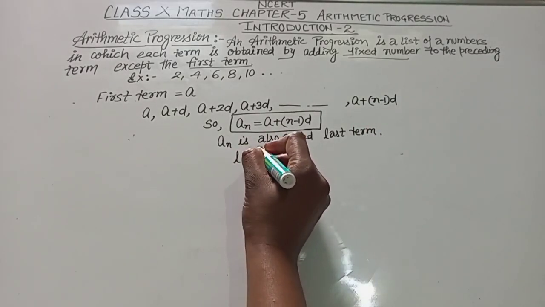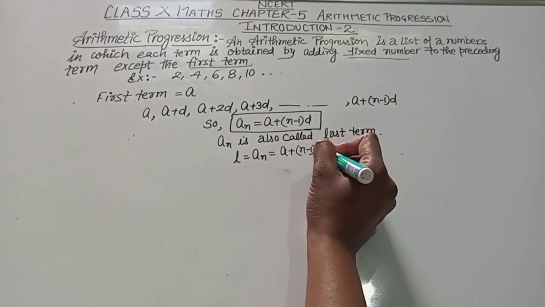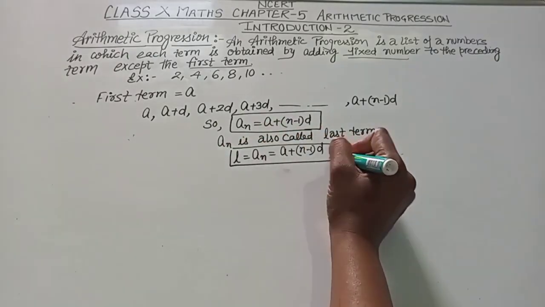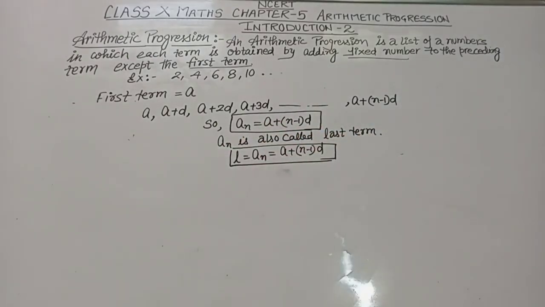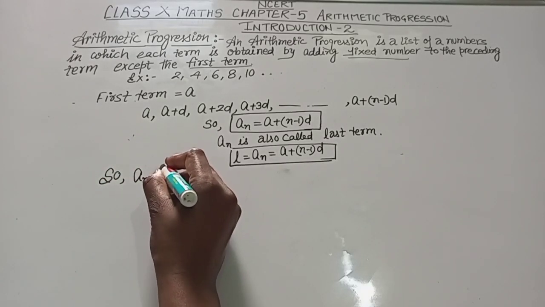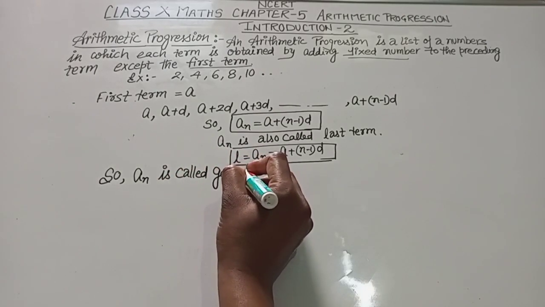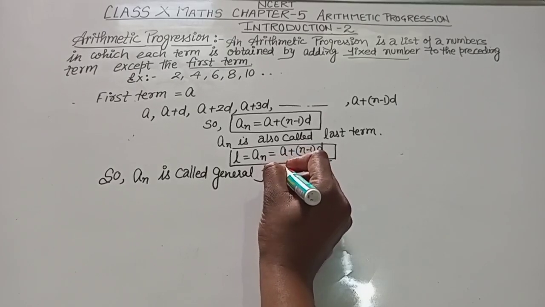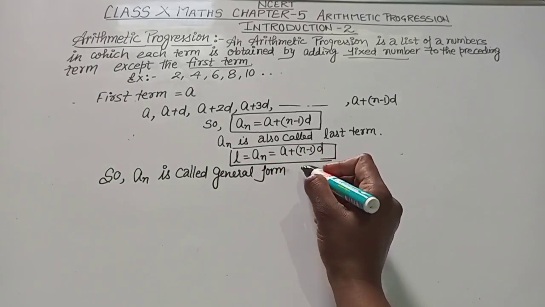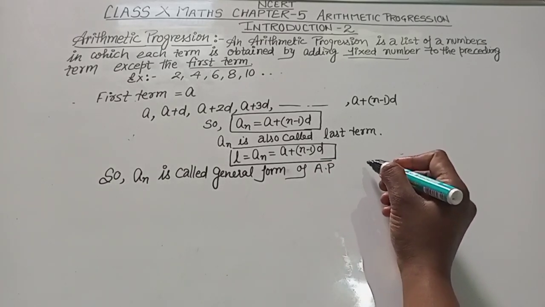So L is equal to an is equal to a plus (n minus 1) into d. So an is called the general form of an AP.